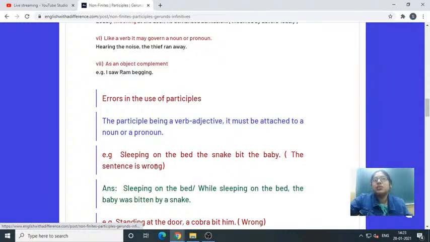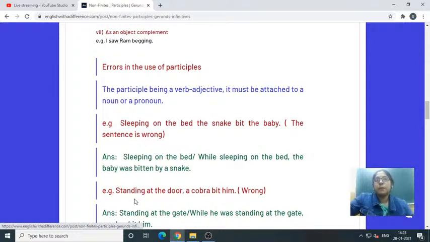The sentence is wrong. How will you write this sentence? You can write, while sleeping on the bed, the baby was bitten by a snake. If you speak like this, sleeping on the bed, the snake bit the baby, it will be wrong. So "while sleeping on the bed, the baby was bitten by a snake." This is the right one.